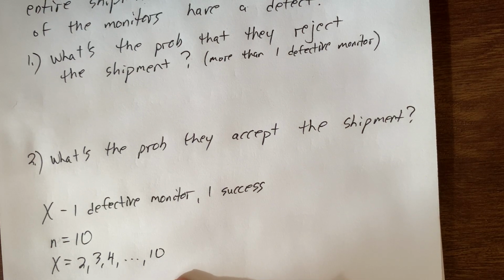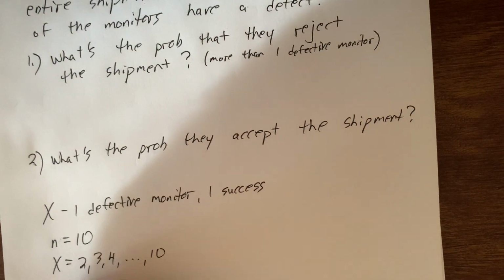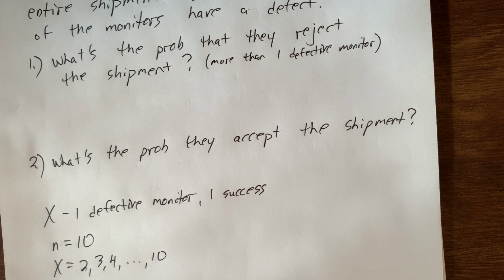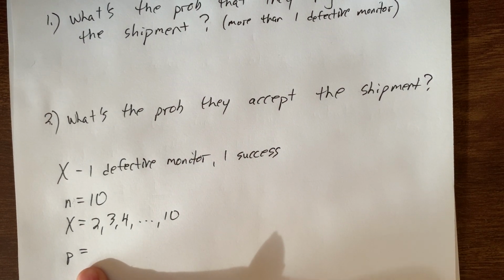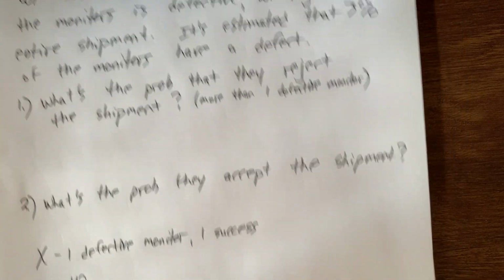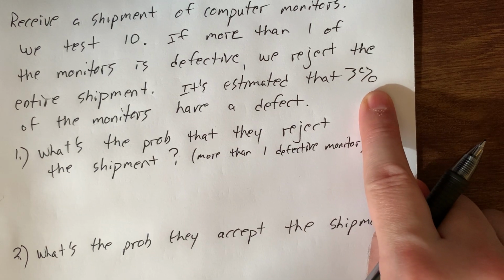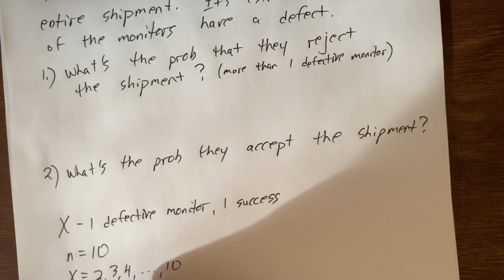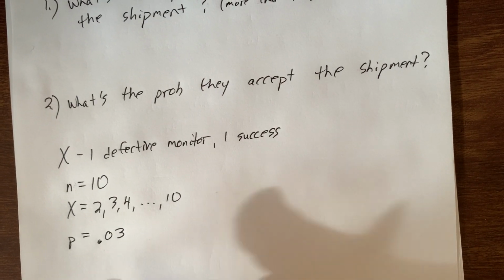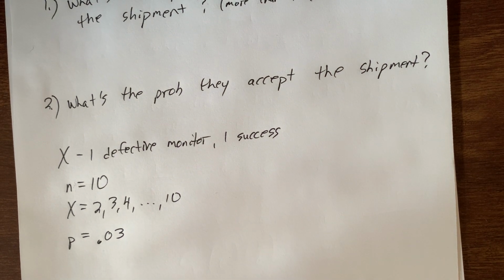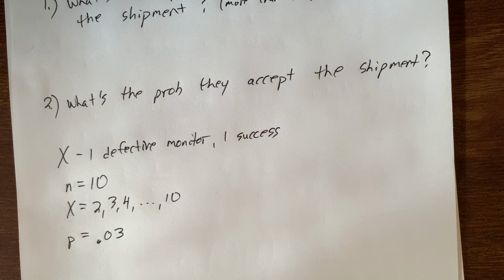How about little p? What is the probability of success in a single trial? What is the probability that one monitor is defective? Let's come back up here. If 3% of the monitors have a defect, that means the probability that one is defective is 0.03. Be careful here. It is so easy to take 3% and make that 0.3, but that would be 30%.